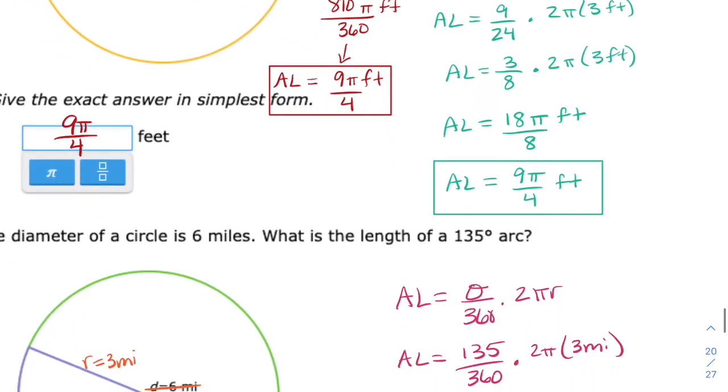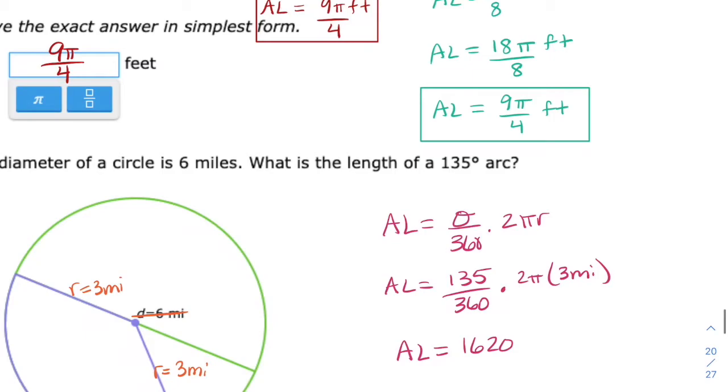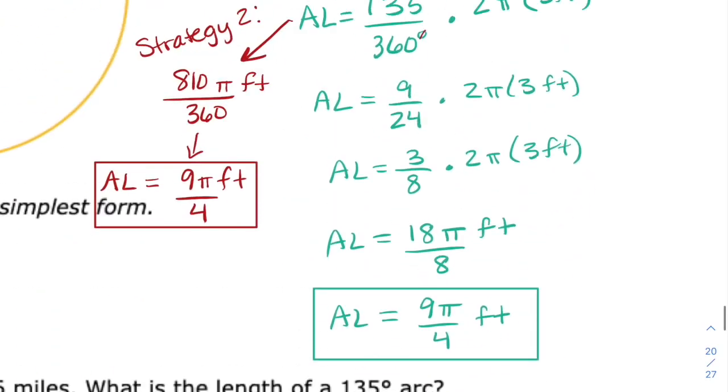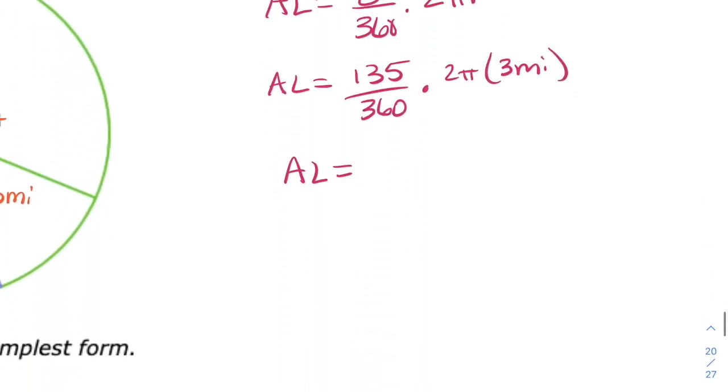What did I do wrong? 135 times 2 times 3 is 810. Yes, sorry, I did too many twos. Okay. So we have 810 pi over 360 miles.